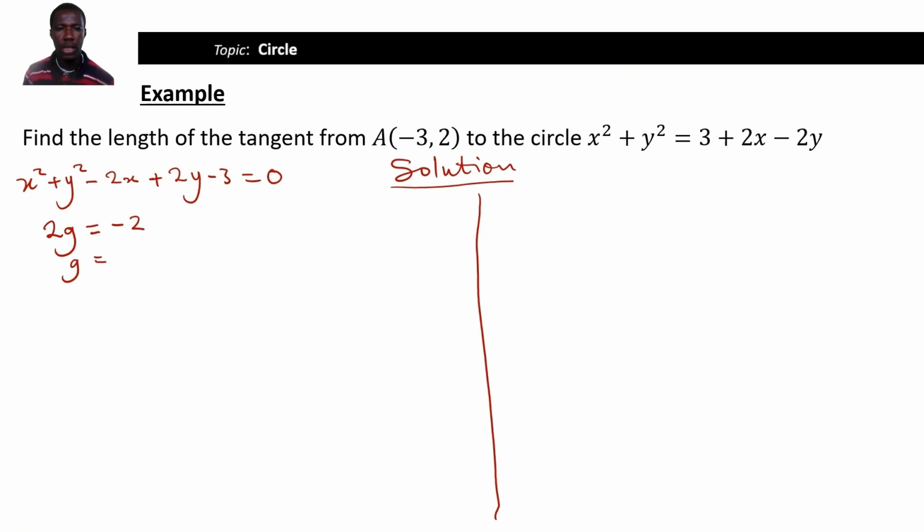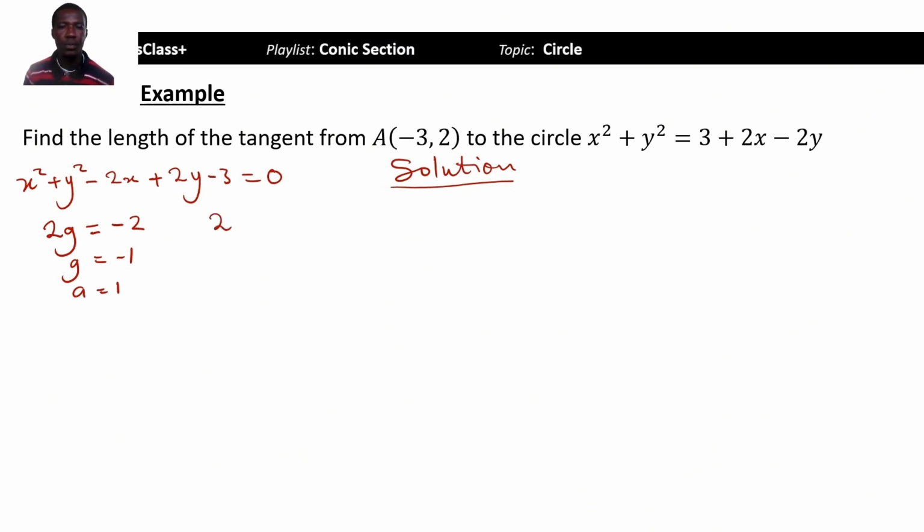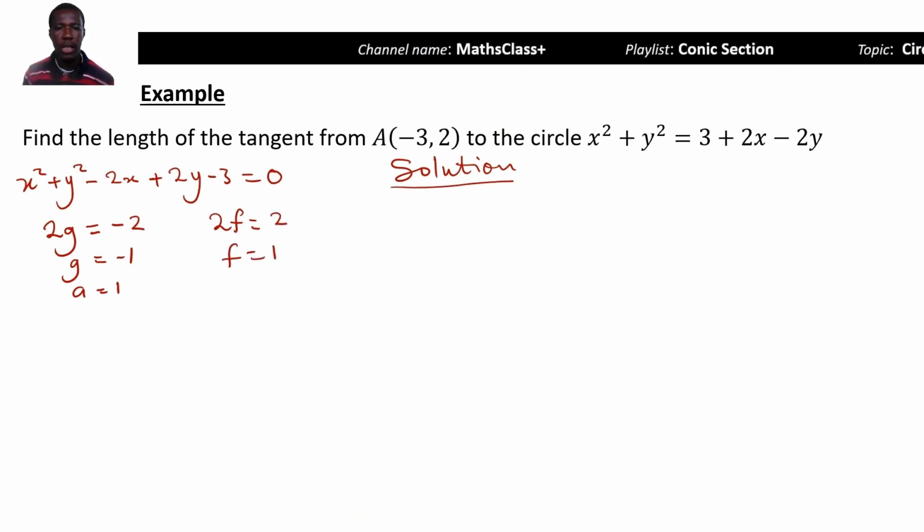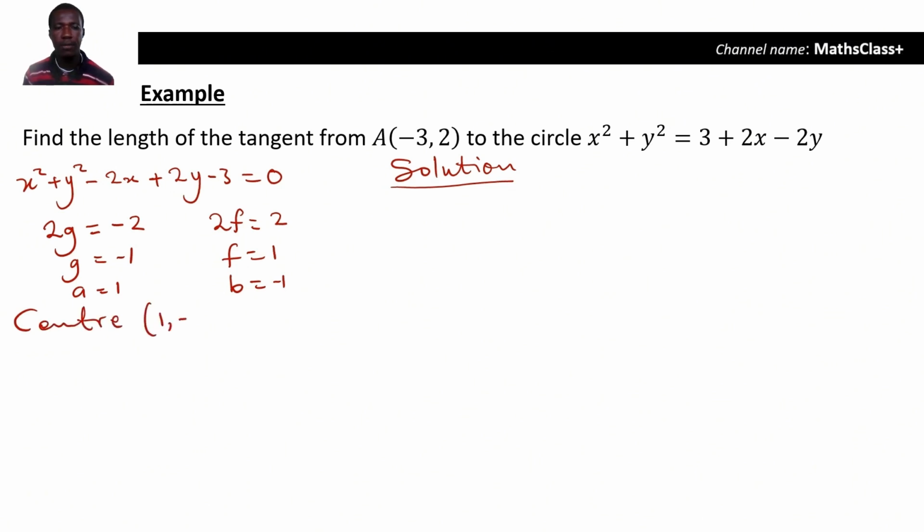So our g is negative 1, which means our a is equal to 1. Then our 2f is equal to 2. So our f is equal to 1 and our b will be equal to negative 1. That means the center of the circle will be (1, -1).